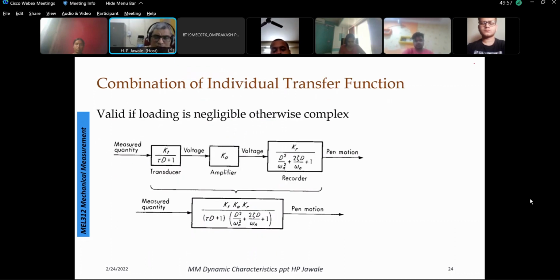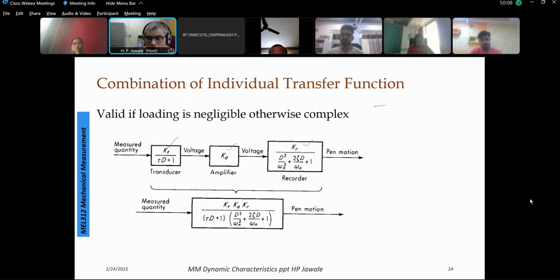Now let us say that in your measurement system there are a number of elements. For example, a physical element called a transducer, an element called an amplifier, and a recorder. Suppose there are three physical devices that make up the complete measurement system, components 1, 2 and 3.